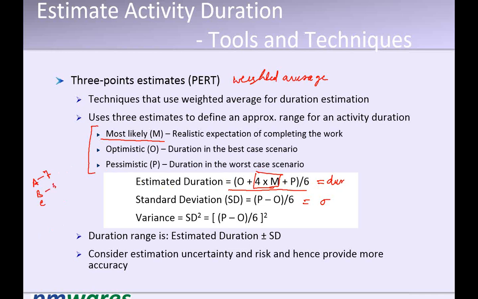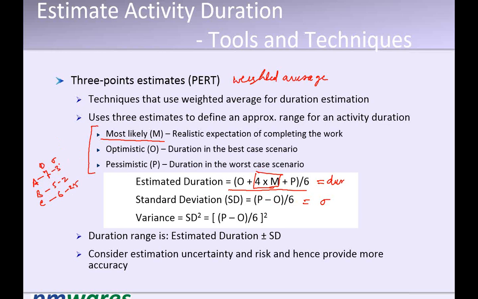This activity has come as 5 days, and this one as 6 days. Now I calculate the standard deviation also, P minus O divided by 6. Suppose this is duration, this is standard deviation: say 3, here it is 2, and here say 2.5.